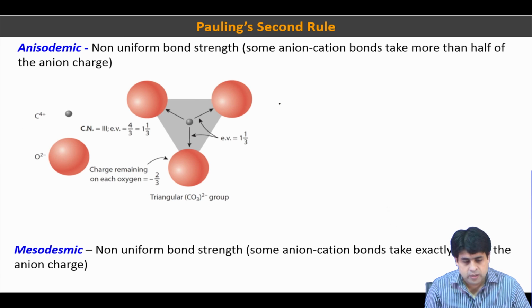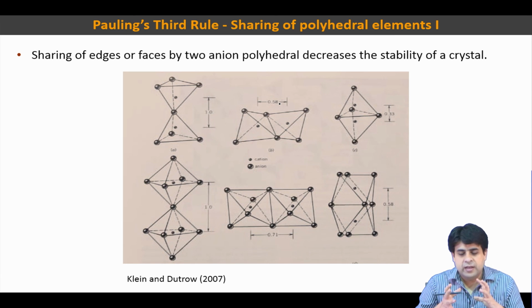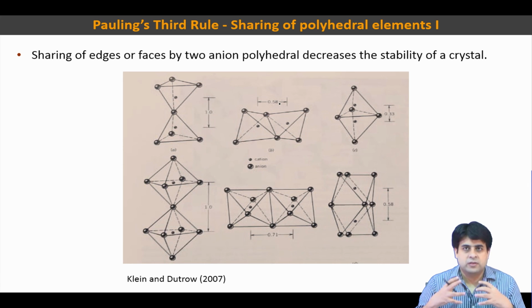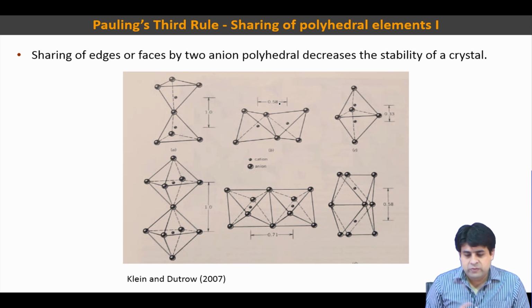And your third rule is basically sharing of polyhedral elements. This third and fourth rule are more or less similar. How your different polyhedra are connected with each other basically defines the stability of that particular crystal. So we will try to understand this in the next lecture.